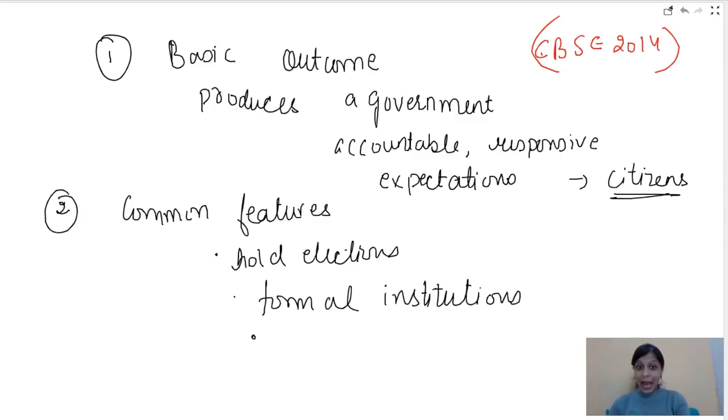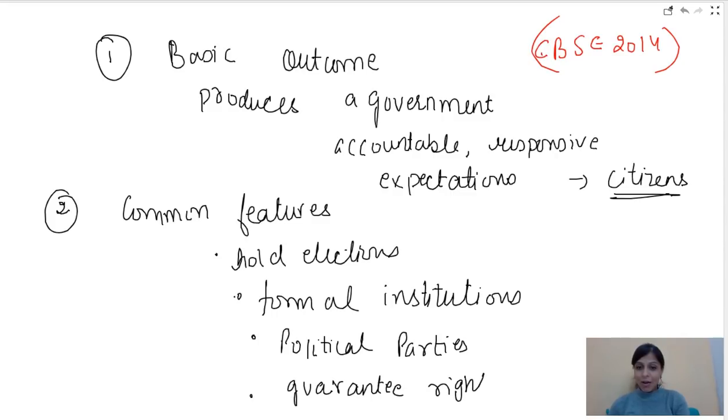Okay, they have political parties, good. Political parties. And can I say yes, they also guarantee rights of citizens rather than people. So we'll be using the word citizens here. So these are the common features that are seen all over the world when it comes to democracy.